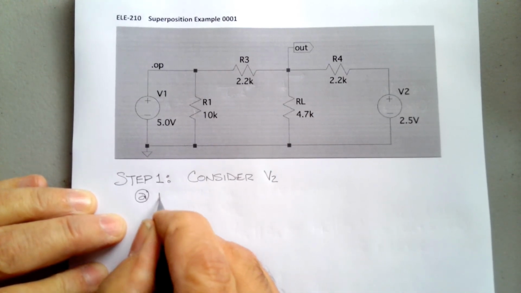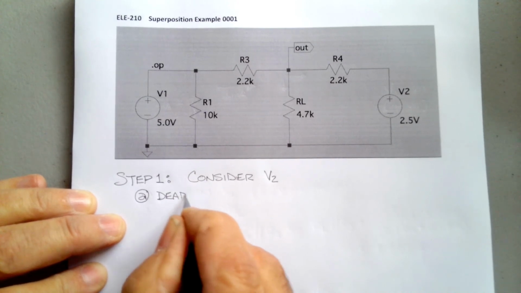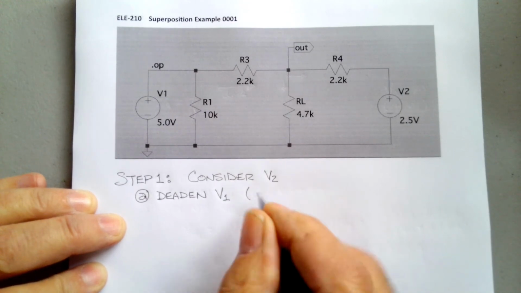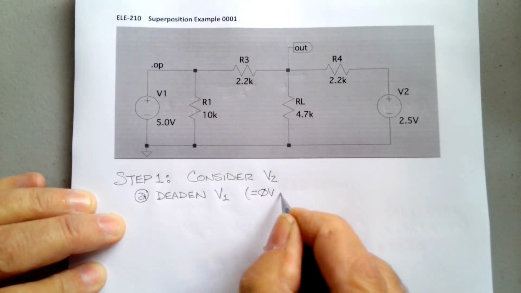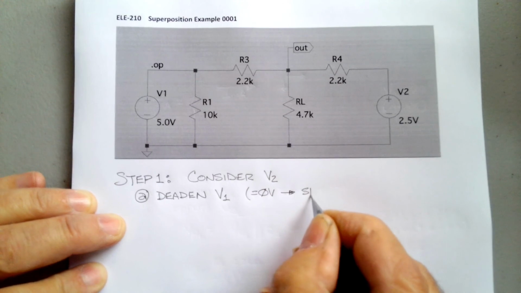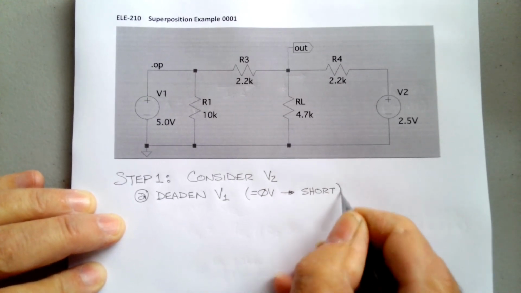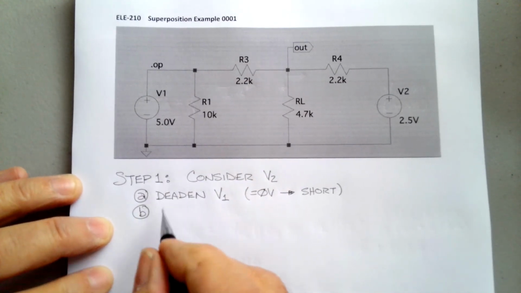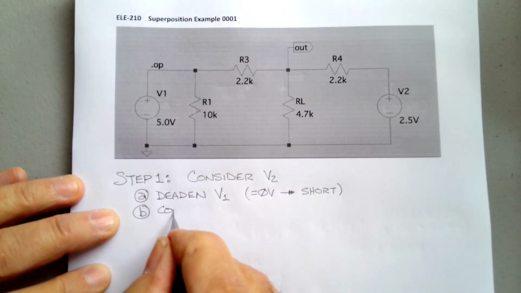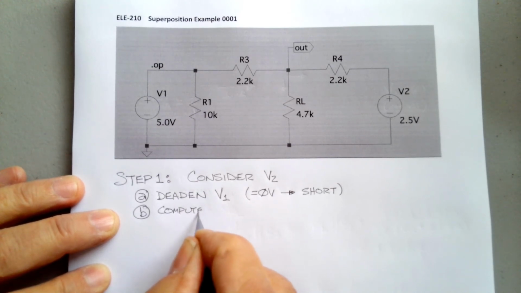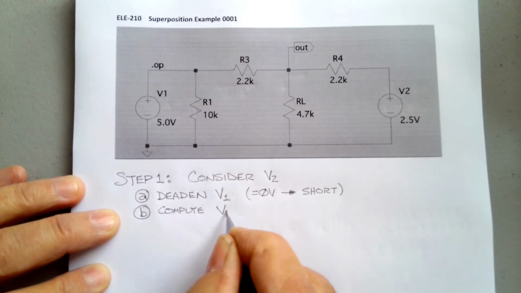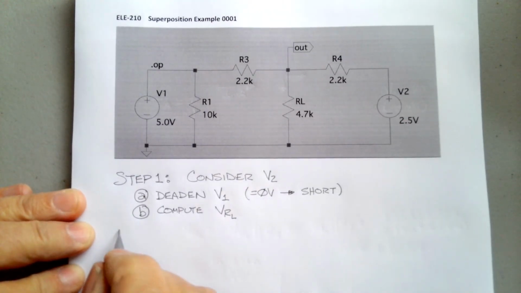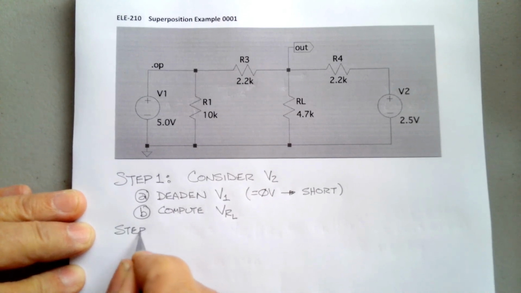Step A is to deaden V1, which means it will be equal to 0 volts, which implies a short. And step B will be to compute VRL.